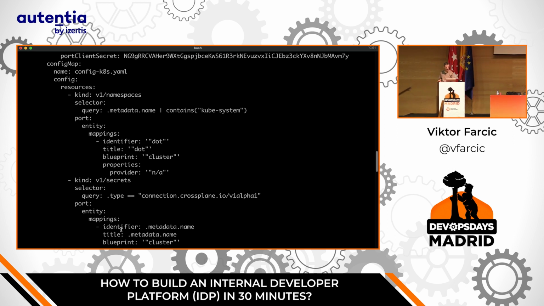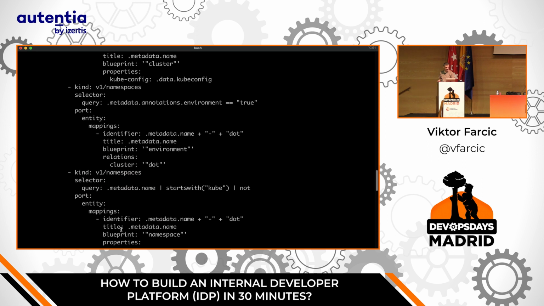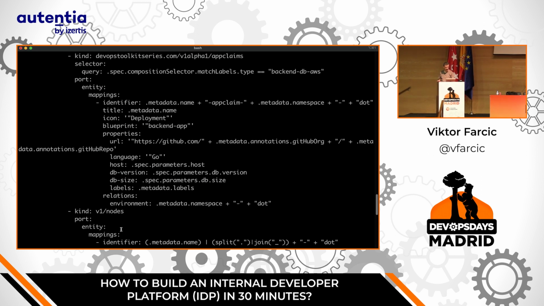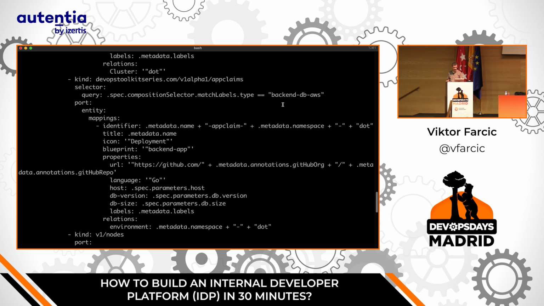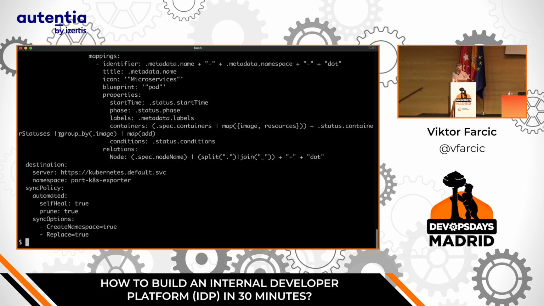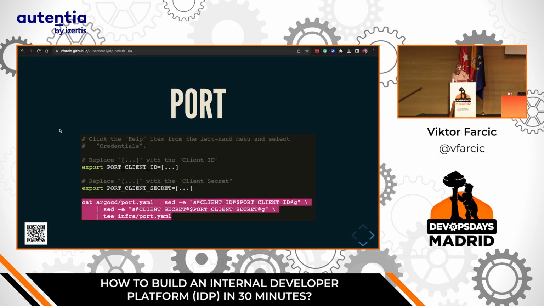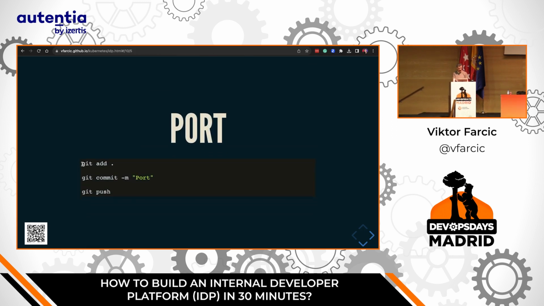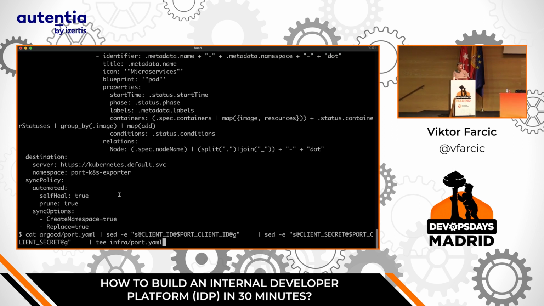That's what basically I'm saying: whenever I discover something called backend database in AWS, those are the fields of the schema in Port, feed the data there and show it to my happy customers. So I'm going to deploy that to my cluster by pushing it to Git.